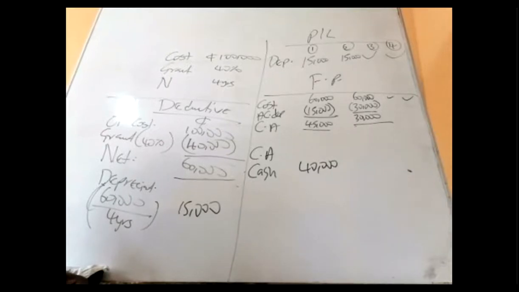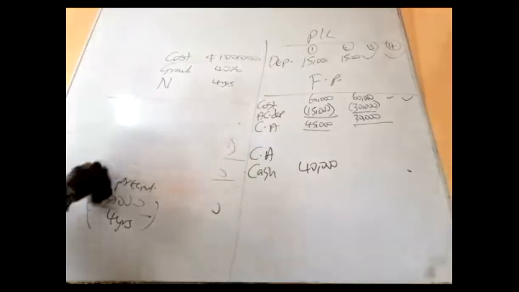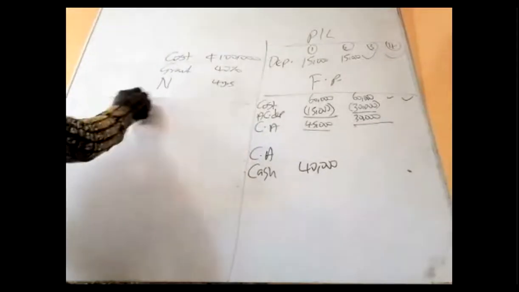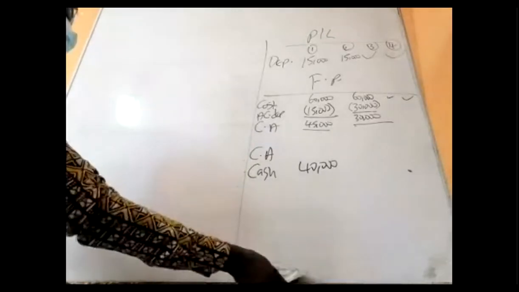Okay, so deferred credit. I'll use the same example, I'll not change anything, and I'll do it here so that you can compare the difference. The final answer should be the same.